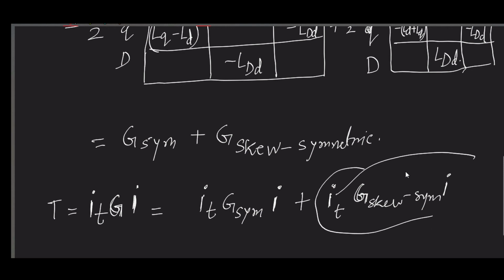However, this part will become 0. Therefore, we will have only I transpose G symmetric I.